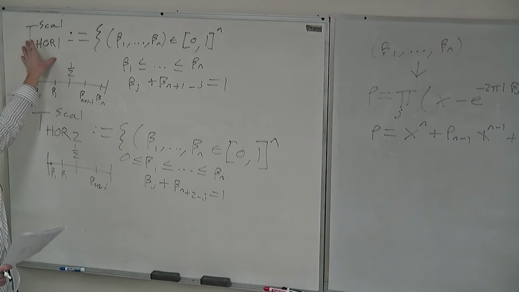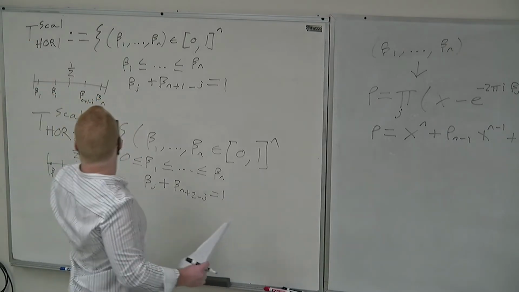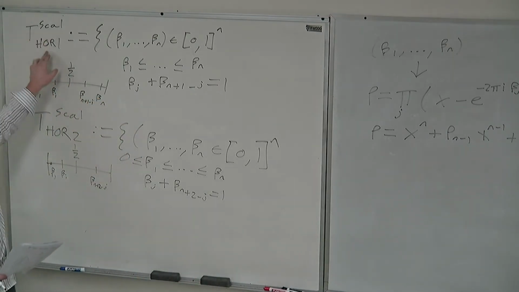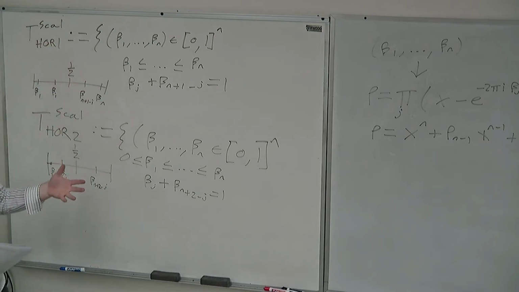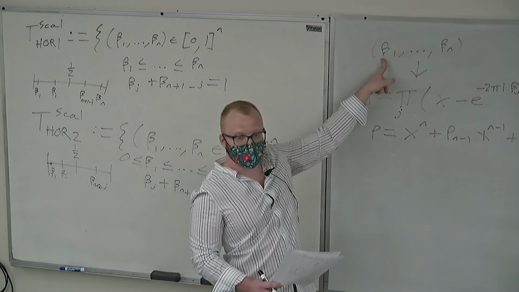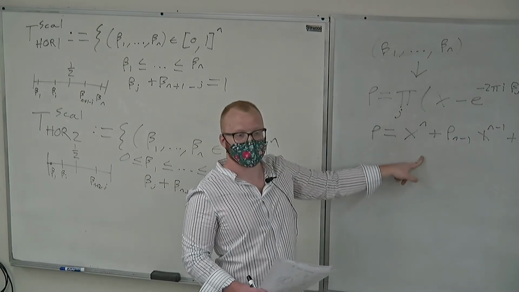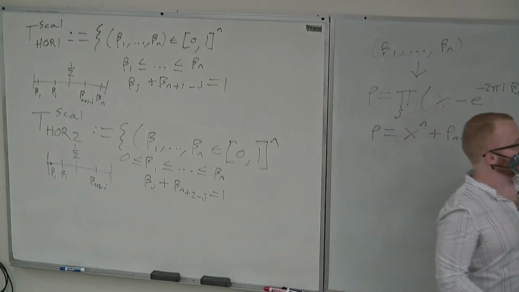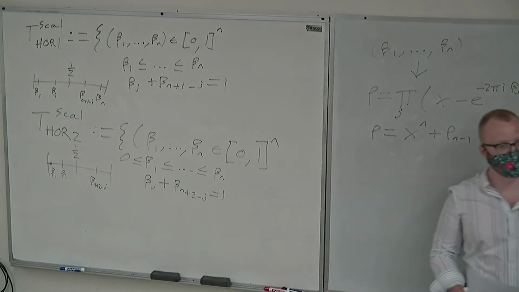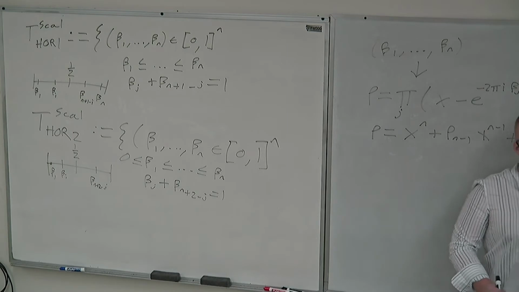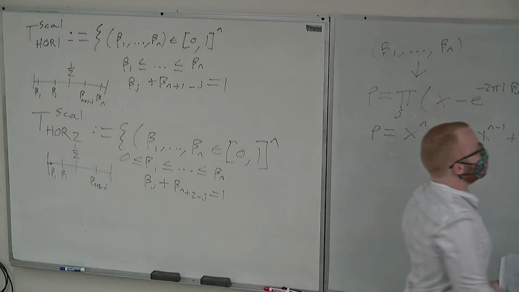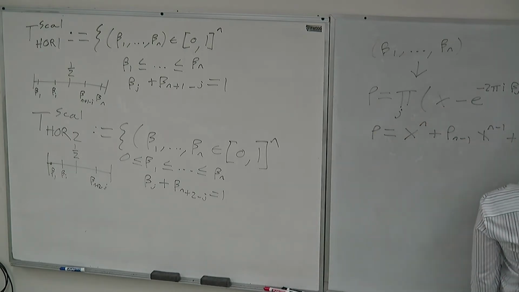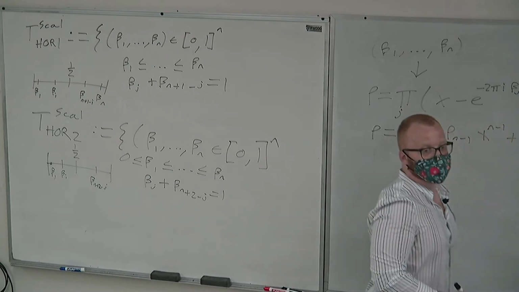This defines each subspace, right? So for T Hor 1 scalar, anything in here, you can define a polynomial by doing this. You take this collection of numbers and you define a polynomial like this, and then the coefficients of this polynomial define a matrix. All the matrices that can be defined that way, that's what makes up these T Hor k matrices.